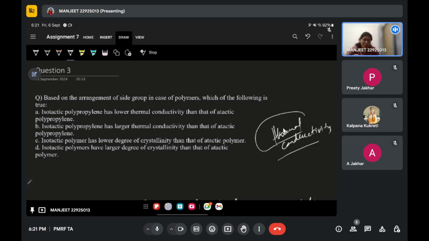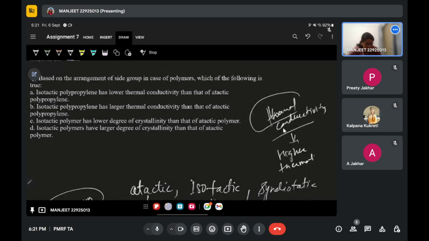If there is a regular arrangement of the atoms, I mean there is crystallinity, or we can say that this is a crystal, then there will be higher thermal conductivity. If this is a random arrangement, then there will be lower thermal conductivity.